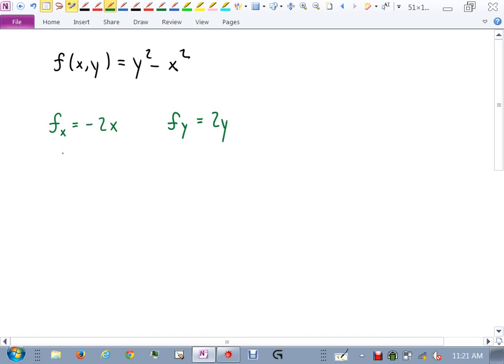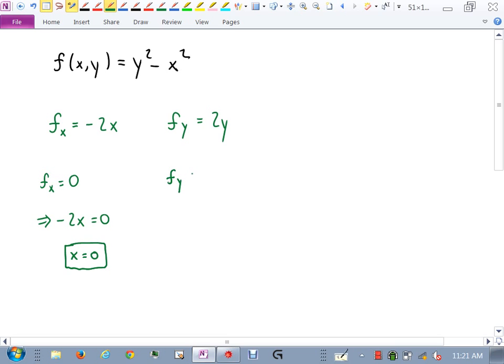0. So setting the first partial equal to 0 means that I set negative 2x equal to 0, and that has a pretty simple solution, right? Yes, x is 0. Now, the other one is just as clean.